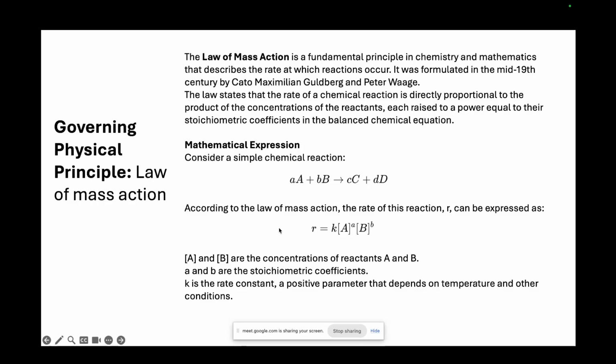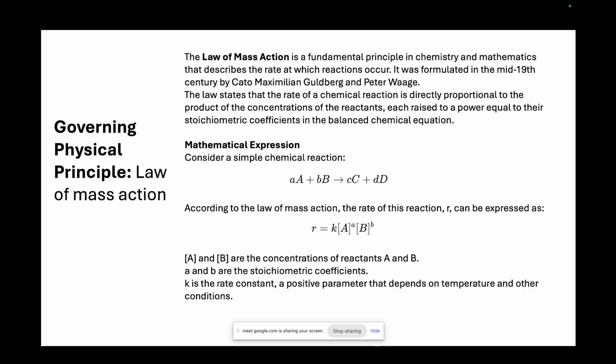So if you consider a simple chemical reaction like this, A and B giving you C and D with the coefficients small a, small b, small c, and small d, and according to the law of mass action, the rate of this reaction is expressed as k times the concentration of A and concentration of B raised to the power of their coefficients.